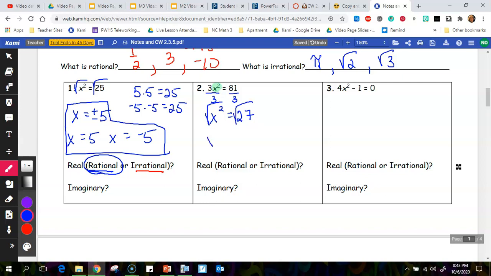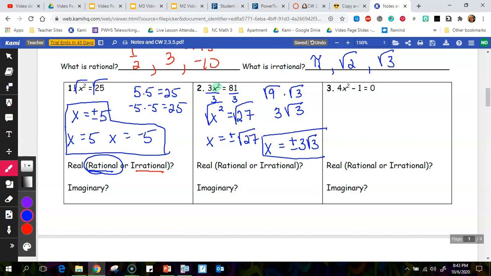So x equals plus or minus the square root of 27. But we need to simplify the square root of 27. That equals the square root of 9 times the square root of 3. So that's 3 root 3. So we would write x equals plus or minus 3 times root 3.